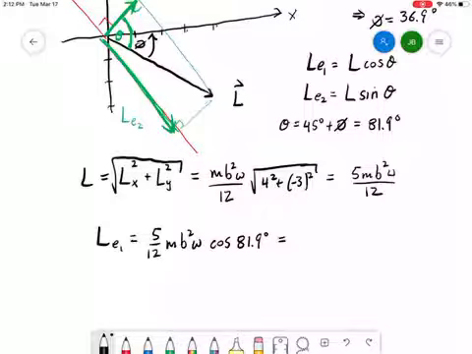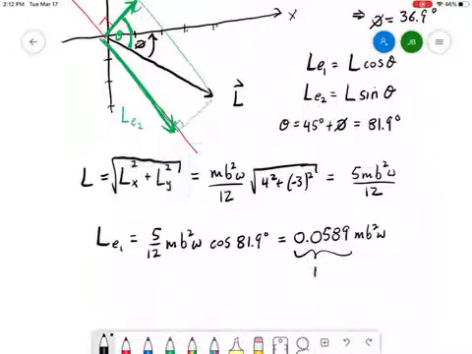If you punch in the numbers, this comes out to be 0.0589 mb squared omega. If you compare this to 1 over 12 divided by root 2, you get exactly the same number.